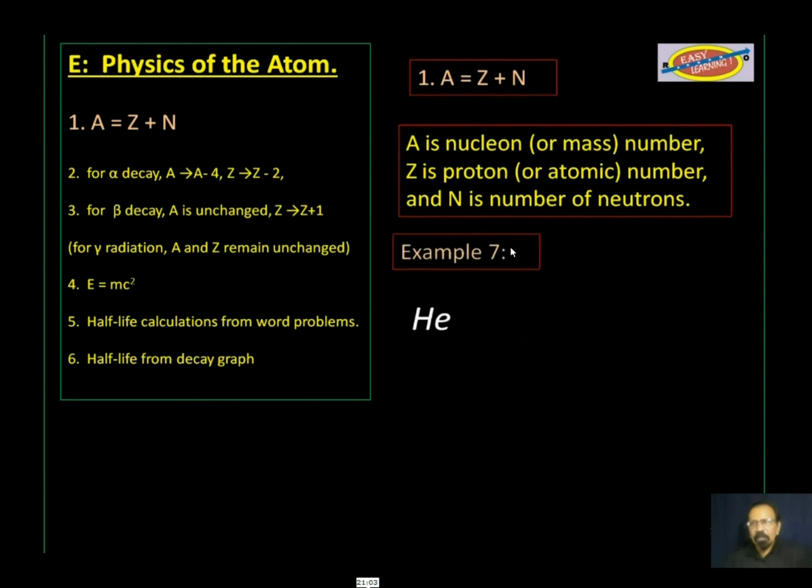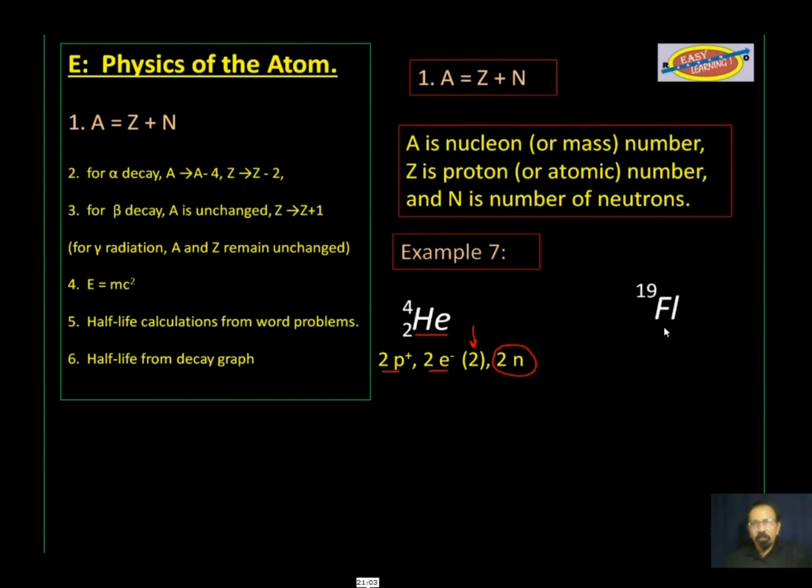Example 7, helium, 4 and 2. Now we know that helium would have 2 protons, would have 2 electrons configured in the first shell, and it would also have 2 neutrons. So you can easily draw that structure if you are asked to draw it.